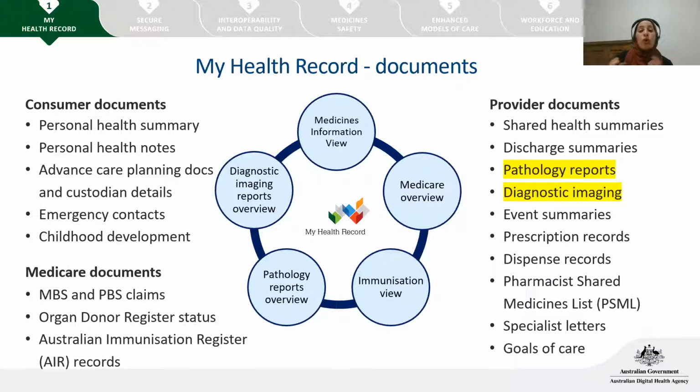These overviews pull on information that's already within a person's My Health Record, and they display it in one consolidated view. Especially for the pathology reports and diagnostic imaging reports, this can be a great benefit for a healthcare provider, which we'll see shortly.